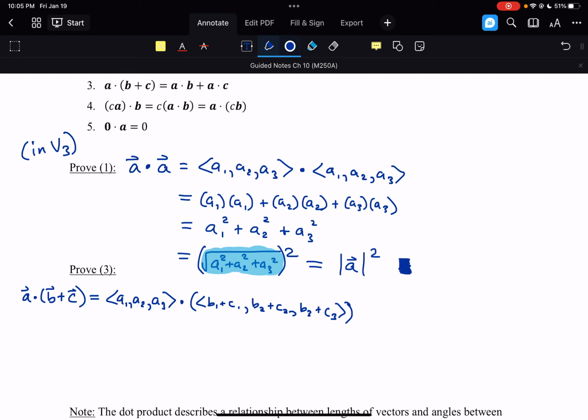So if we dot those together, right, we multiply the corresponding components and then add. So we're going to get A1 times B1 plus C1 plus A2 times B2 plus C2 plus A3 times B3 plus C3.